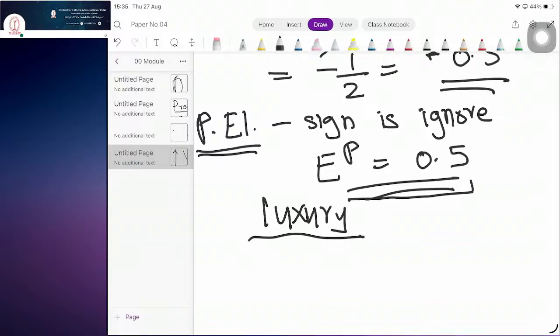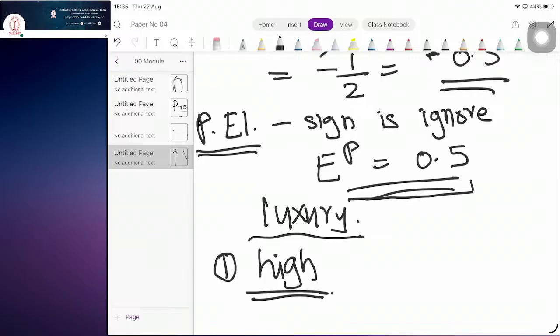Generally, there is no law like that, but they will have high price elasticity. Because they are very expensive, right? Even if the price rises slightly, consumers drop out, or if they reduce the price a little, many people buy. So the price elasticity of luxury goods is high.